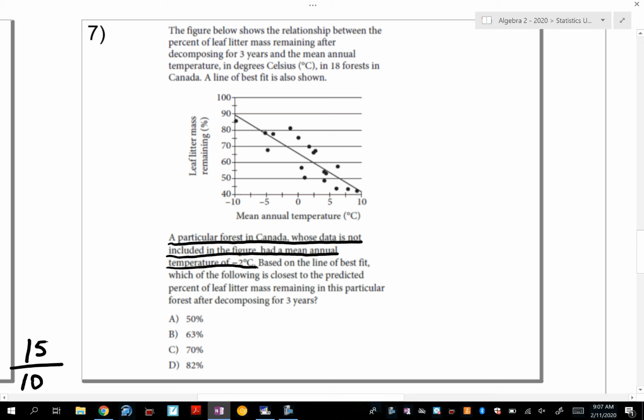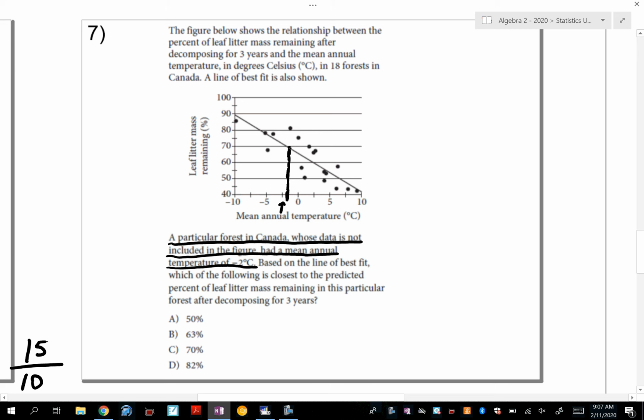So if we're going to use this line, I'm looking for -2 degrees Celsius on my line. If this is -2.5, then -2 is probably somewhere around here.